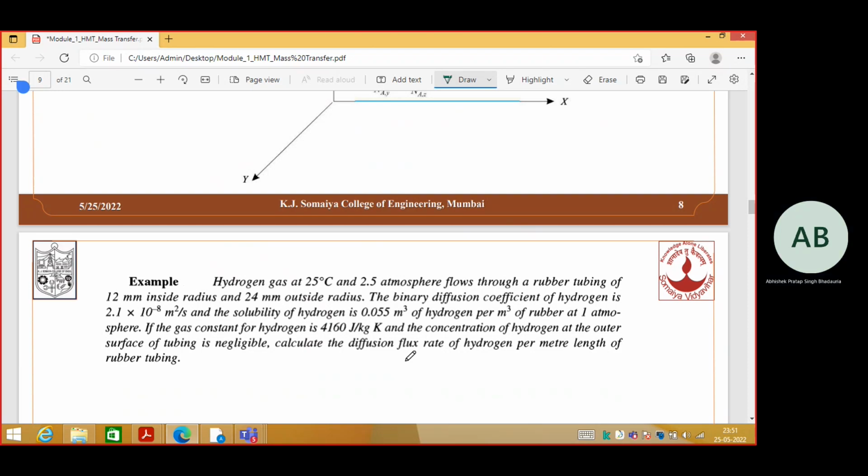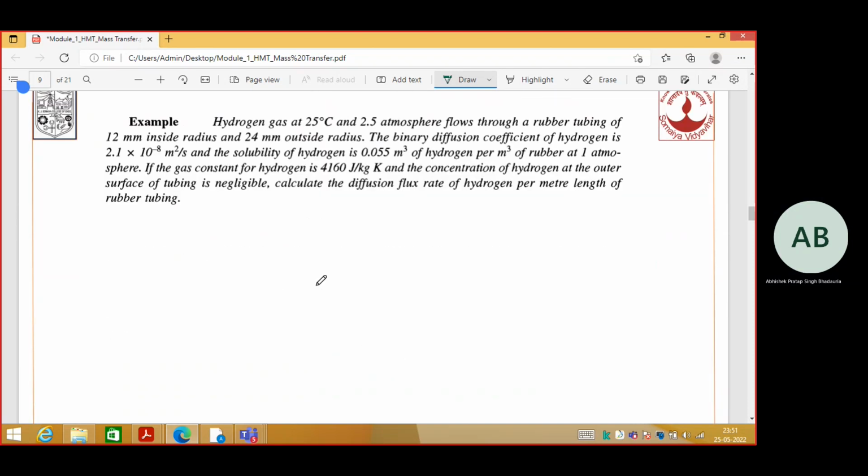Just go through this problem and read it. Hydrogen gas at 25 degrees Celsius and 2.5 atmosphere flows through a rubber tubing of 12 mm inside radius and 24 mm outside radius.